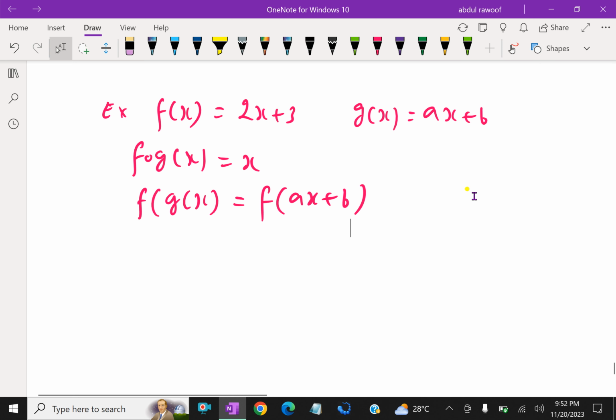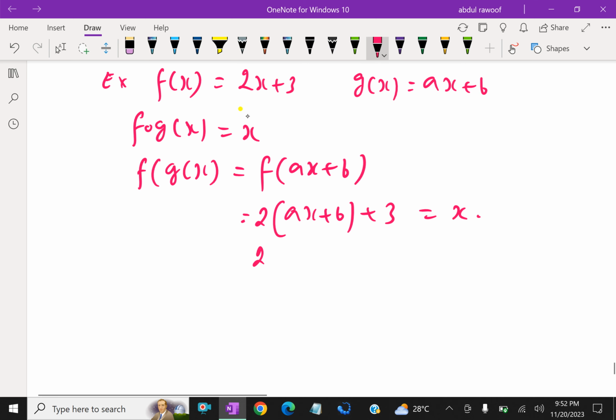Operating with f, which is 2x plus 3, that is 2 into ax plus b plus 3, which is equal to x as given. So 2ax plus 2b plus 3 equals x.